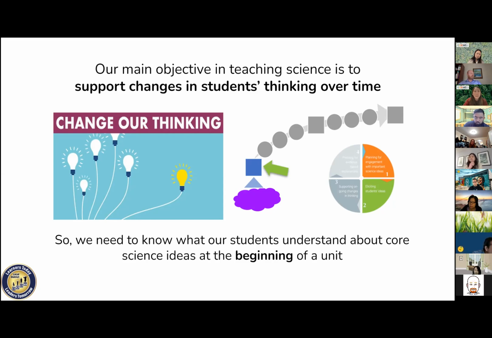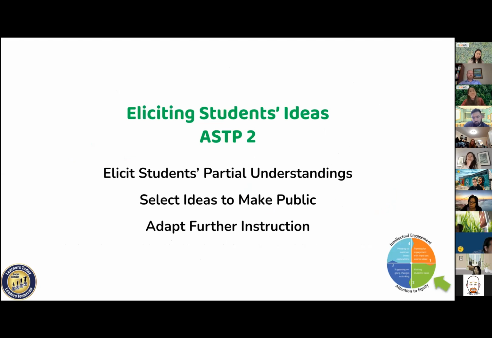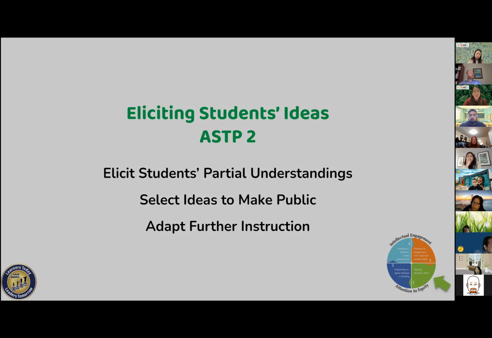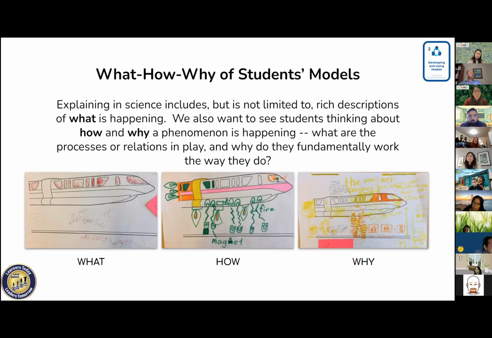So that leads us into eliciting students' ideas: how we're going to elicit their partial understandings, maybe select ideas to make public, and then adapt further instruction based on what we see. So what we initially see in some of these student models are different aspects of what's happening, right? Something that they might be able to see.